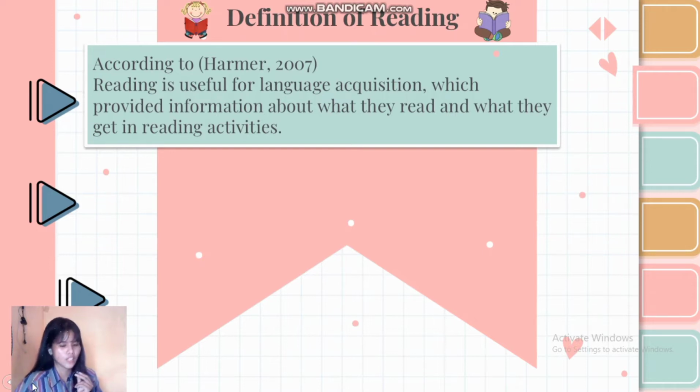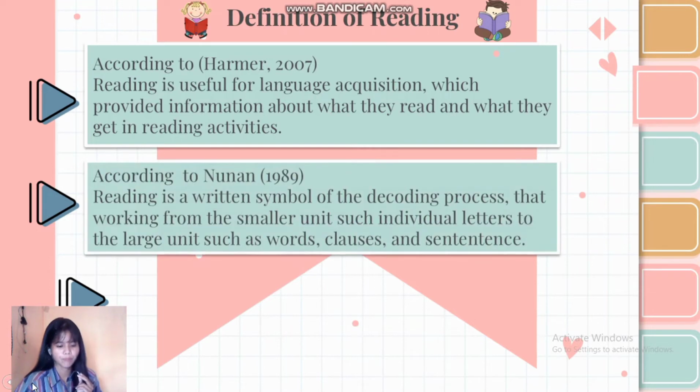So this is the general definition of reading. And according to Nunan 1999, reading is the decoding of written symbols, working from the smaller units, such as individual letters, to the larger units, such as words, clauses, and sentences.